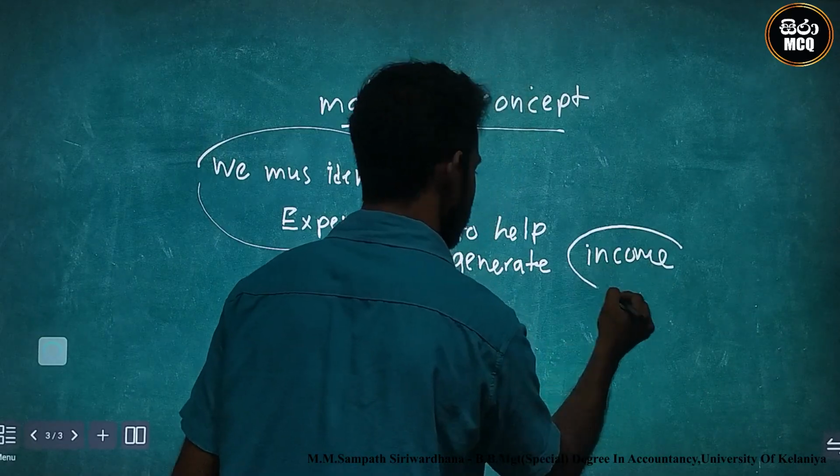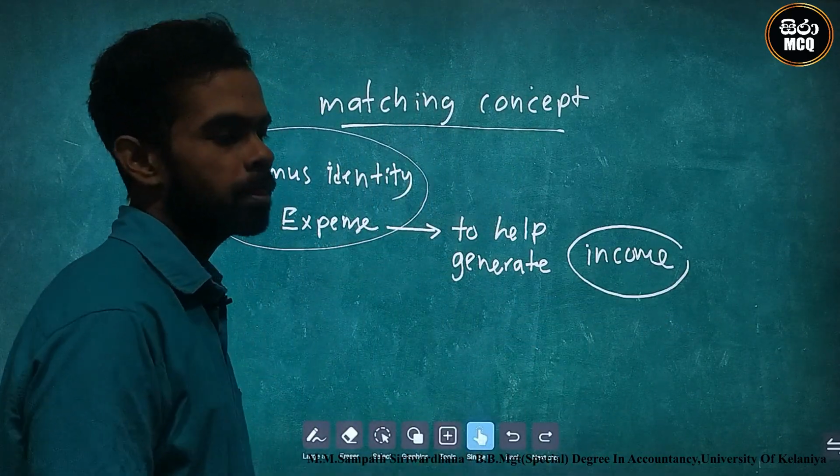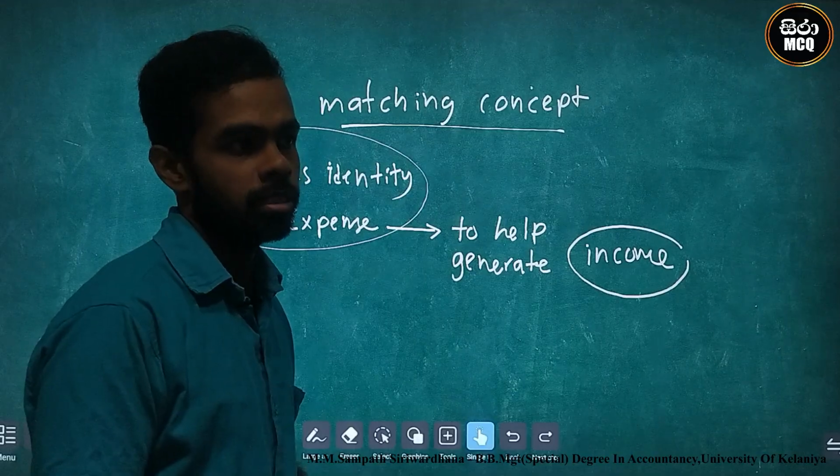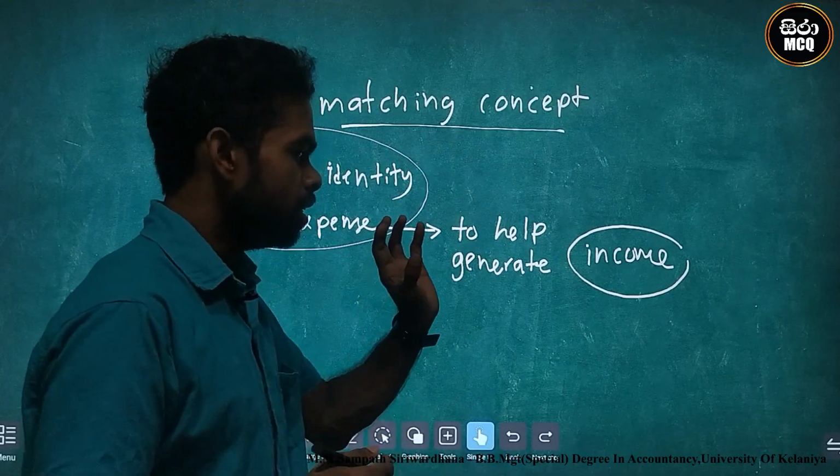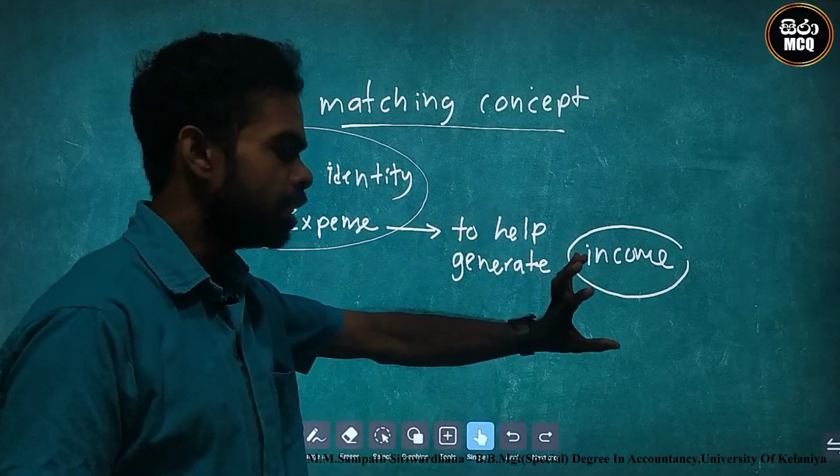You know, there are so many incomes there. There is sales income, other service income. There is some income generated.